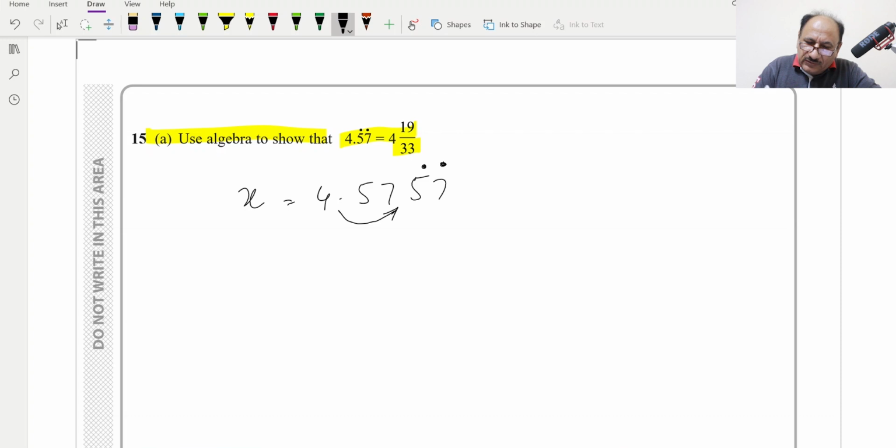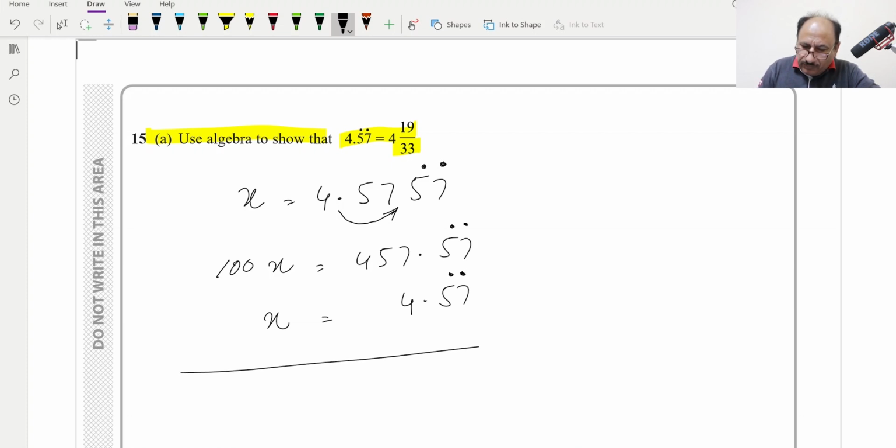So we will shift the decimal after this 57. So we will have to multiply by 100. So it will be 100x is equal to 457.57 recurring, and now this x we can write over here, which is equal to 4.57 recurring.